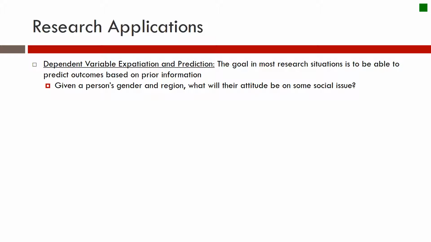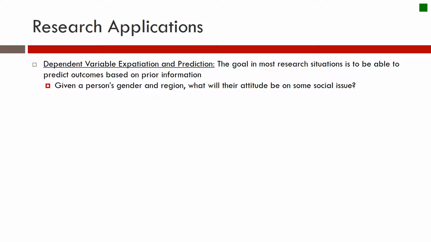So we certainly want to be able to make predictions. One example might be a research situation where we want to predict an outcome based on the information that we have. Maybe we want to predict a behavior or a group assignment, as I mentioned before. Maybe we observe some behaviors and then want to classify those behaviors by group.